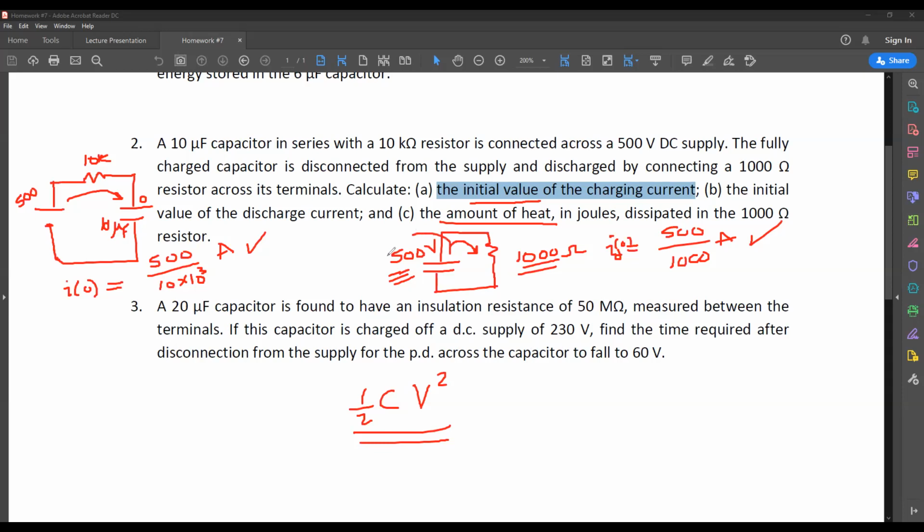The electrostatic energy stored in the capacitor will be converted to heat energy in the resistance. So the energy in the capacitor will be equal to the heat energy generated in the resistance after fully discharging the capacitor.